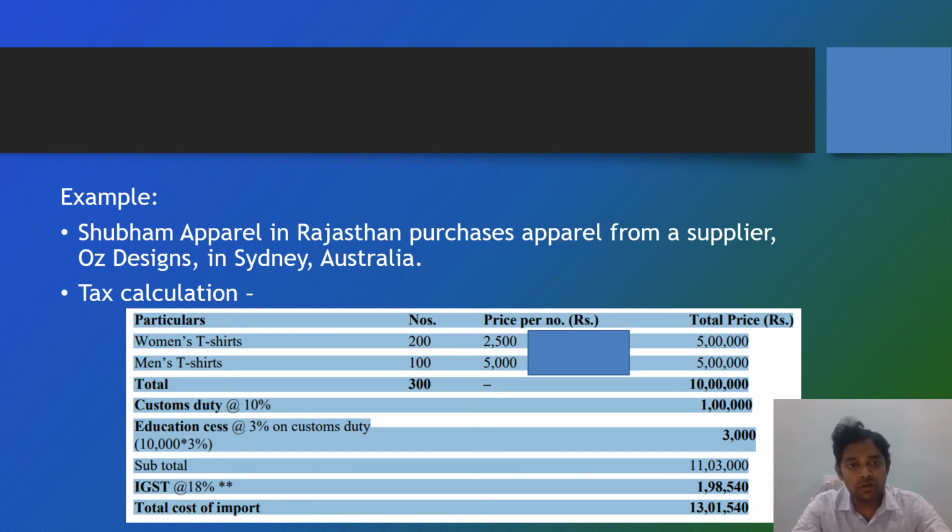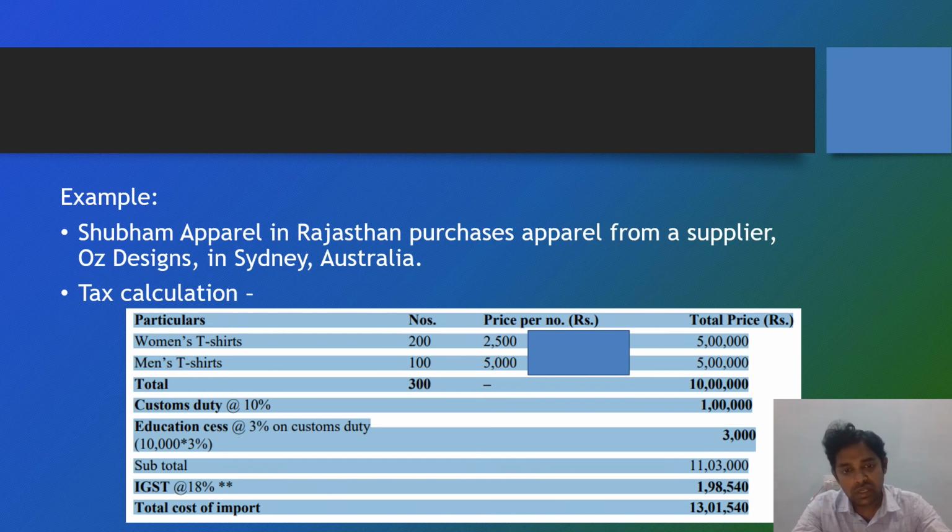Let us see the example. Shubham Apparel in Rajasthan purchases apparel from a supplier, House Designs in Sydney, Australia. The tax calculations are: women's t-shirts, 200 pieces at 2,500 per piece, the total price is 5 lakhs. Men's t-shirts, 100 at 5,000 per piece, that is 5 lakhs. Total 300 pieces, that comes to around 10 lakhs.